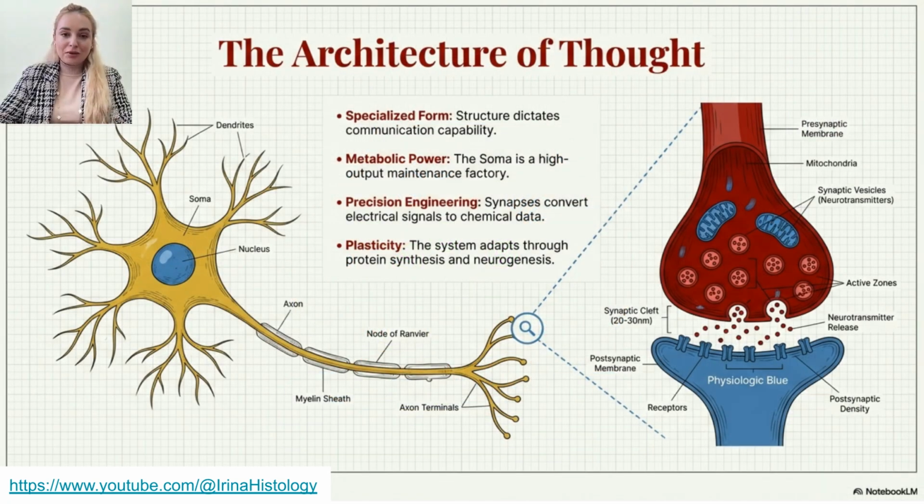The last thing I want you to remember about neurons is that the speed of the synapses and communication between neurons and organs, and CNS and PNS, will depend on whether the nerve fibers are myelinated and have the myelin sheath, or they are non-myelinated, and therefore the speed of the transduction will be slower. But the morphology of myelinated and non-myelinated nerve fibers we will discuss in our next video.